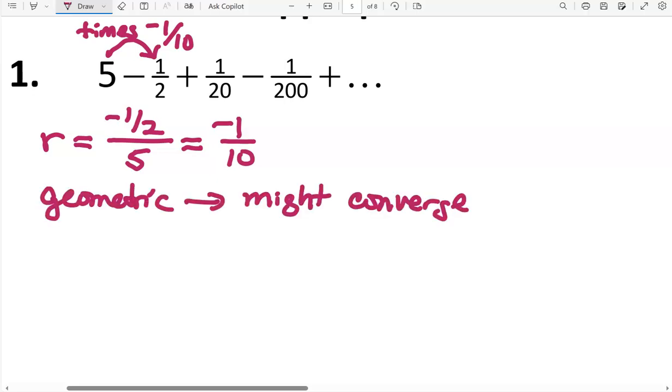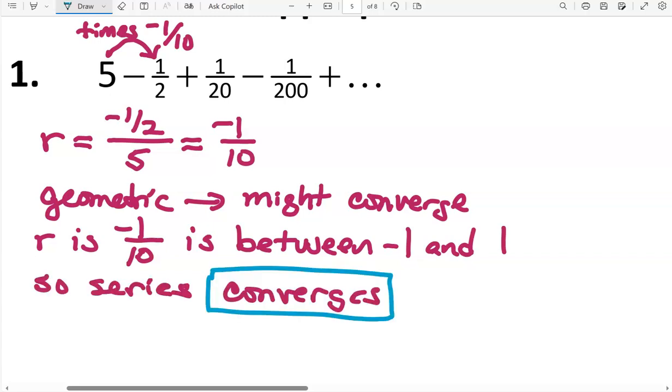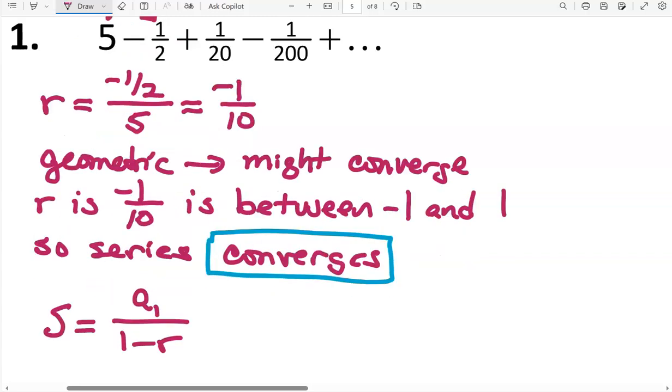Since we know the series is geometric, we know that it may converge depending upon the value of r. We found the value of r, which is negative 1/10, which is a number between negative 1 and 1, so this series converges. Furthermore, if the series converges, then it converges to a sum of the first term divided by 1 minus the ratio.